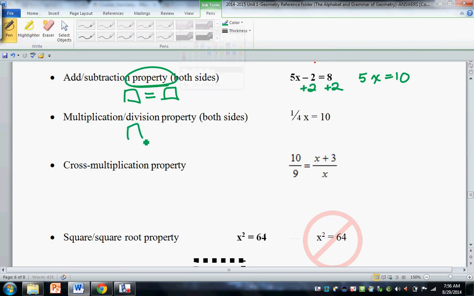Multiplication and division property, same concept. It's where you are using multiplication or division on both sides of the equal sign. So for example, if I want to get x by itself, and I have 1/4 x, I'm going to times by the reciprocal. That would be considered the multiplication property.